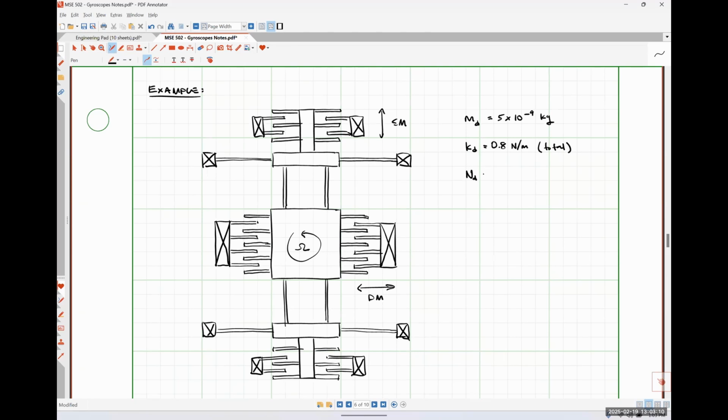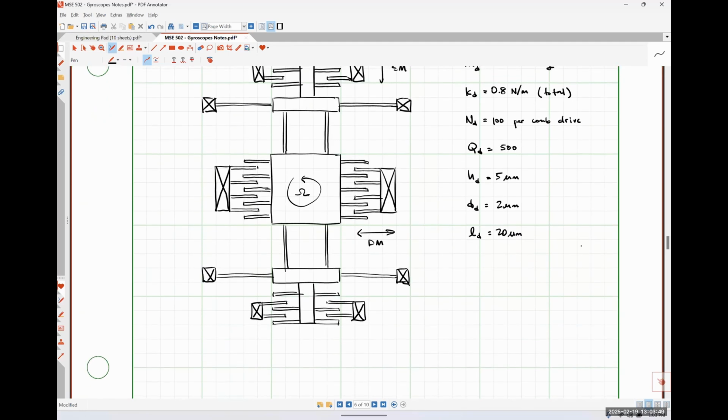Let's say that the number of overlaps for our drive mode is 100 per comb drive. Quality factor of our drive mode is 500. The height of each of these electrodes would be 5 microns. The distance between the electrodes will be 2 microns. The length of each of these drive mode electrodes, nominally 20 microns.